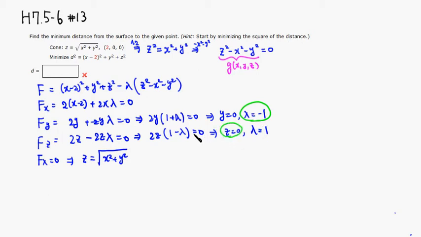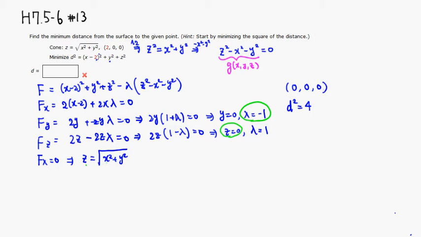But if z is 0, then x and y have to be 0 too. So you have one candidate, 0, 0, 0. And if you look at the distance, d squared is going to be negative 2 squared, which is 4, and 0 squared and 0 squared, so you just get 4.